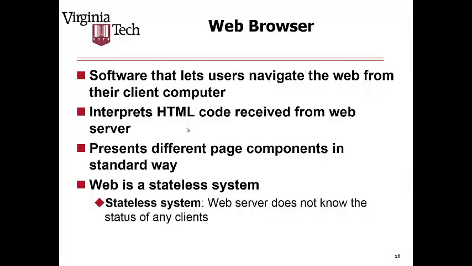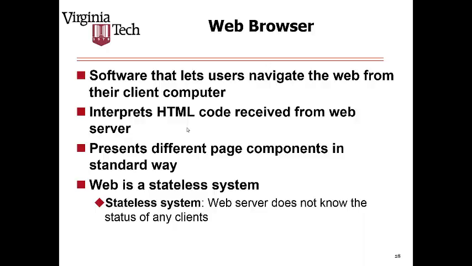You all know what a web browser is. I'm sure you've used them 100 times a day. It takes in HTML code and displays it on your page, and it allows many different components to be displayed in a standard way. In this system, each client is displaying the page that it receives.